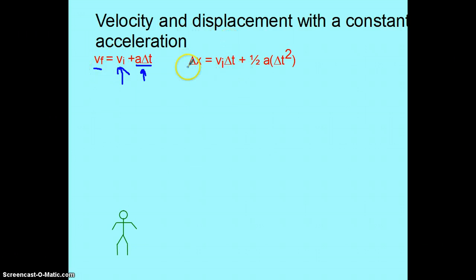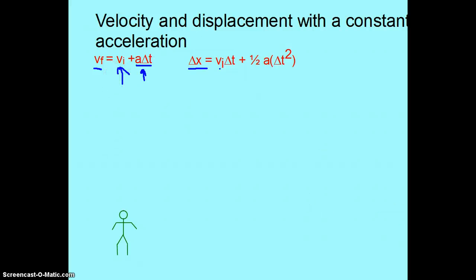If we look over here, how far could I have gone if I had an initial velocity, and if I just go with no acceleration, if this is 0, then my initial velocity times a certain amount of time gives me how far I go. But because I am accelerating, I need this half of the equation. On this half of the equation, because I accelerated for a given time, I went farther than had I not accelerated.